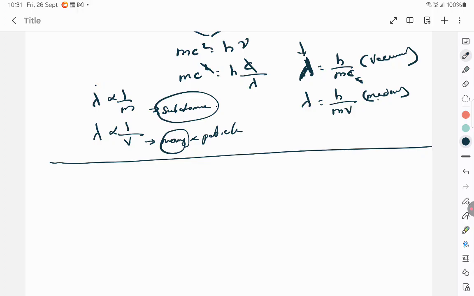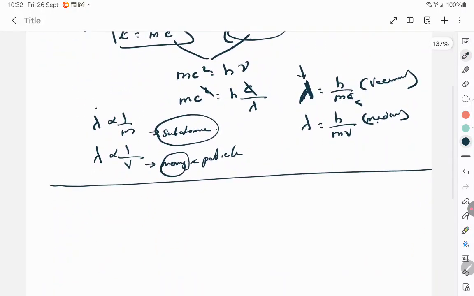What are the subatomic particles we know of? Electron is a subatomic particle, a proton is a subatomic particle, the helium ion or helium alpha particle is nothing but a helium ion, which is a subatomic particle. The smaller the particle, the more significant the de Broglie wavelength. Okay, so that's the introduction part of it.